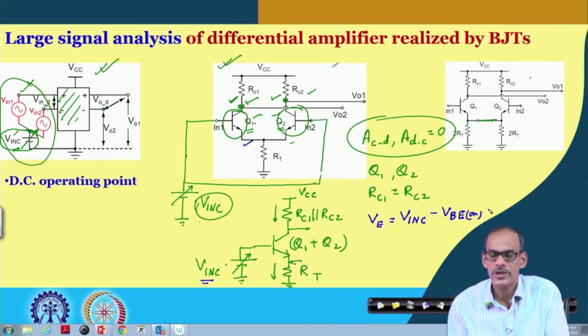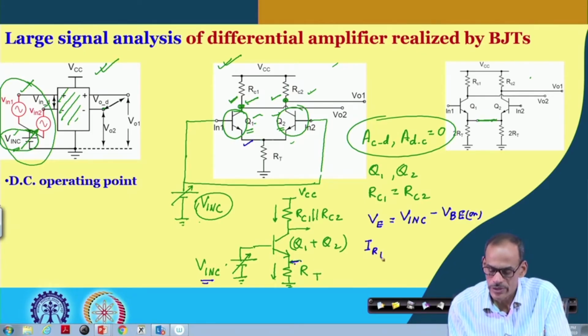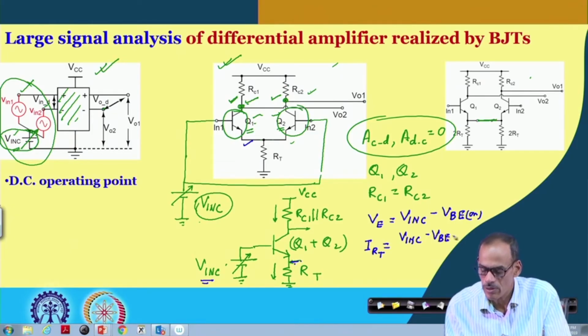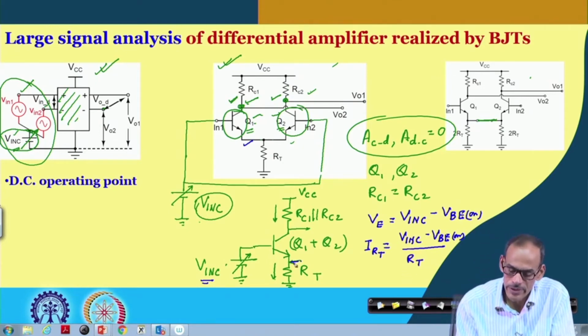So, it may be around 0.6 or 0.3 depending on the transistor's material. So, that gives us the voltage here, and hence the current flowing through this RT equals Vinc minus VBE on divided by RT.